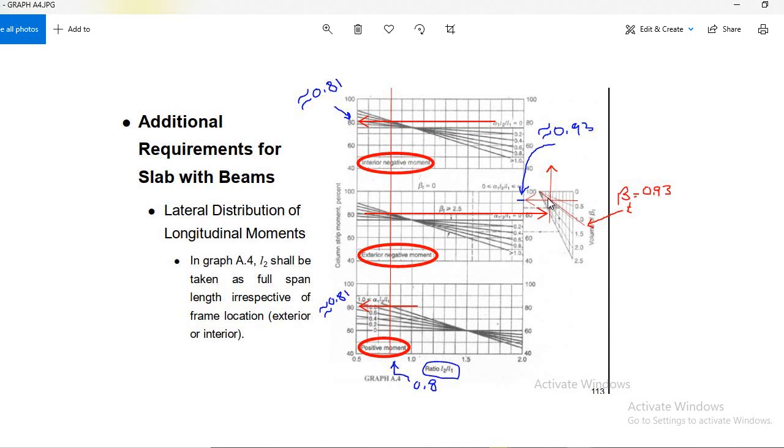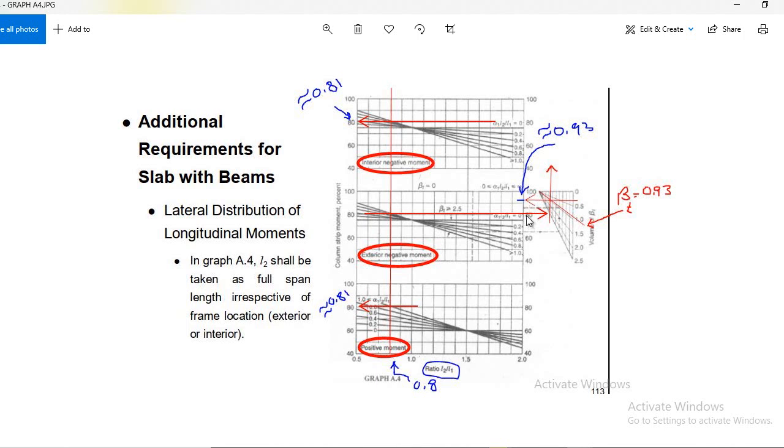After getting that point, we have to draw a horizontal line in this direction, and find the point where it touches this vertical line. You see this blue line, and this is our required point.